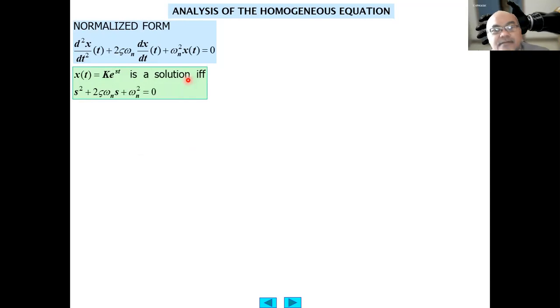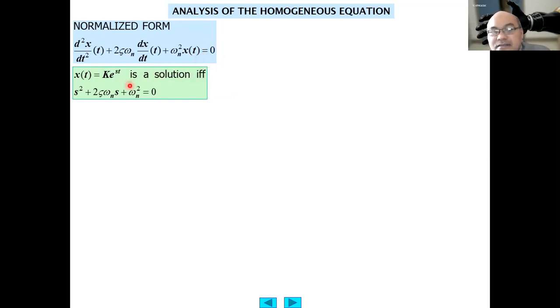So x(t) equals k, a coefficient, times exponent s t, is a solution iff, with double f, not just single f. What does it mean? Double f means if and only if. It is an abbreviation for the term if and only if.